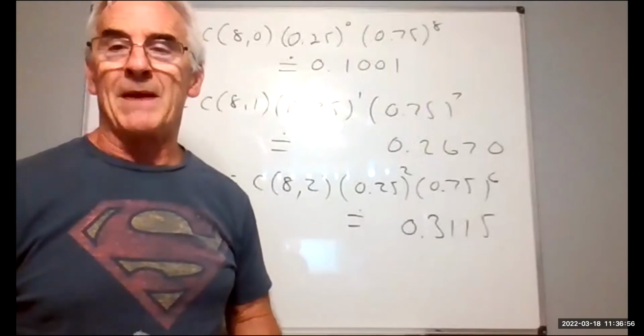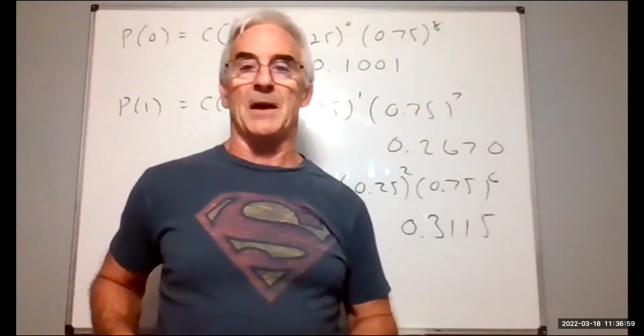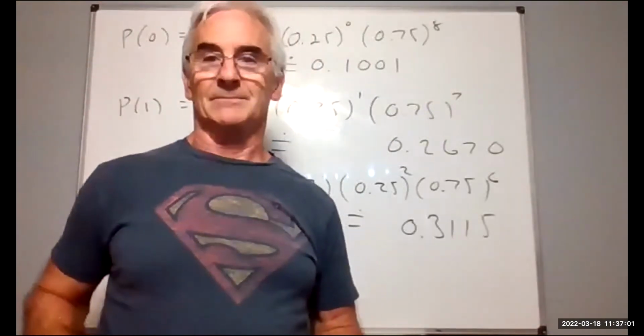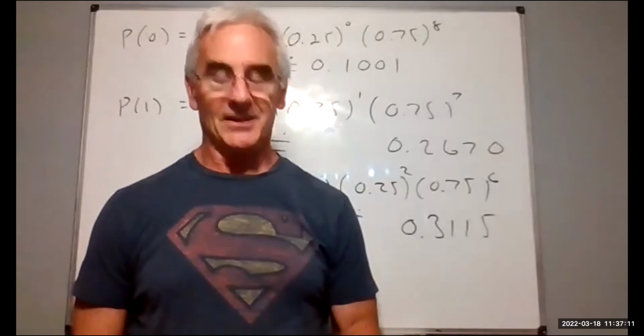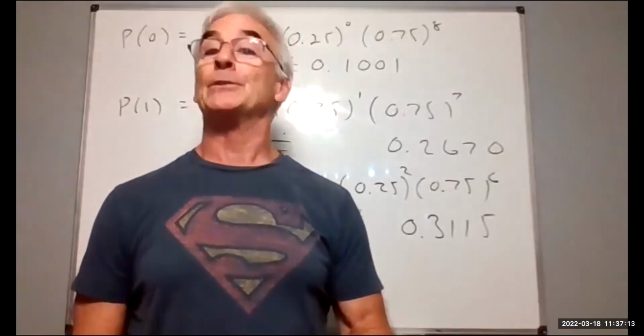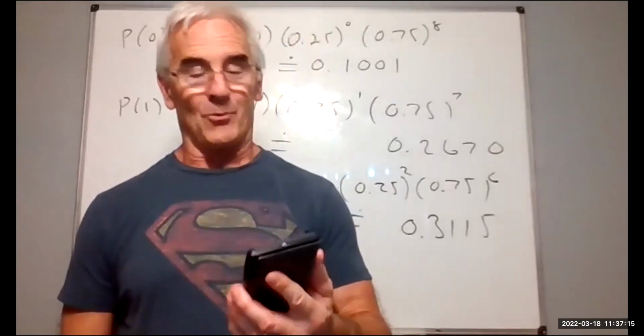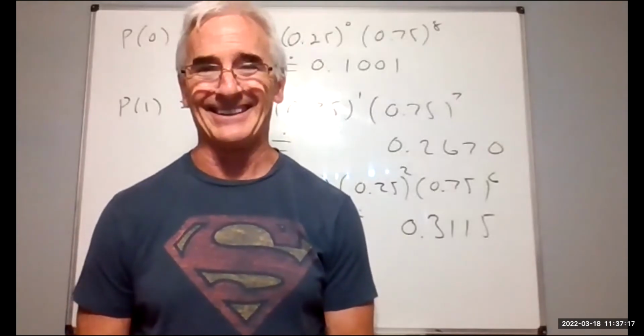Is it possible mathematically to get all 8 correct? Is that possible? Yes. Is it likely, do you think? No. And the probability, I'll tell you, it's exactly 0.25 to the 8th power, which is 0.000015.